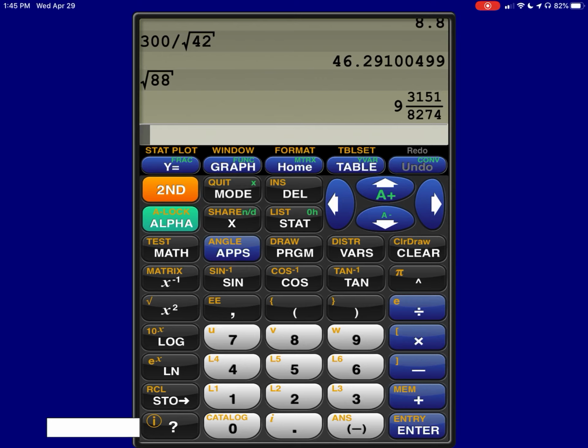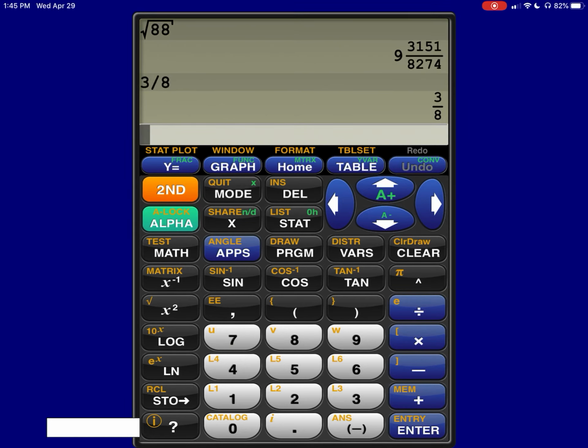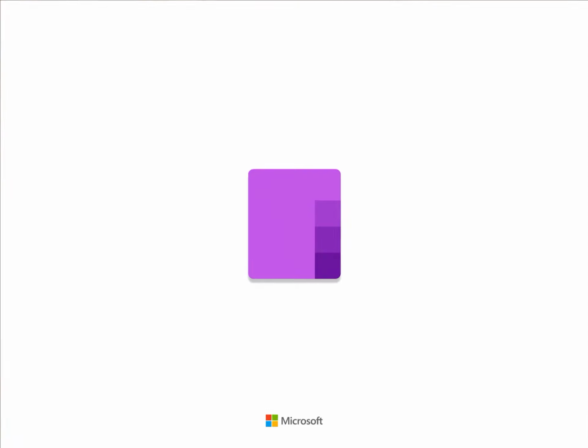So let's just divide 3 divided by 8 to give ourselves a decimal. I'm not sure why my calculator is not giving me decimals. I must have something off on the format, but that's okay. 9 and 3/8. So we'll go back to this. And 3/8 is almost 4/8.